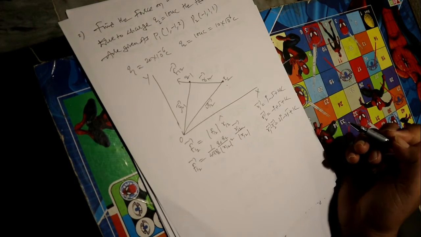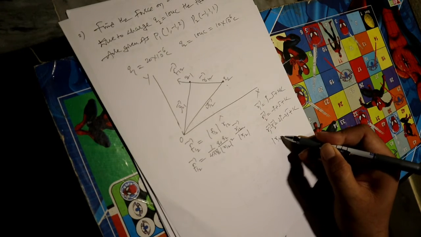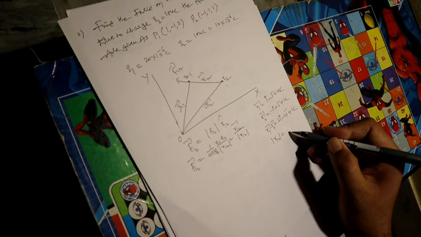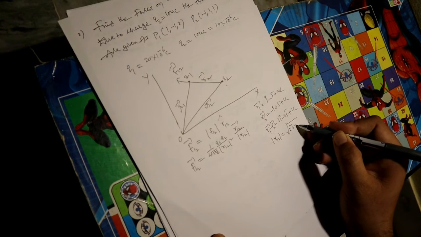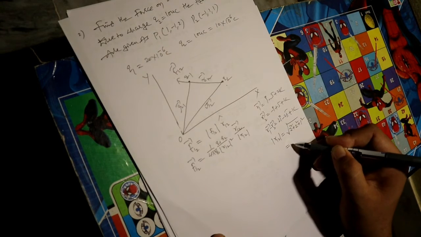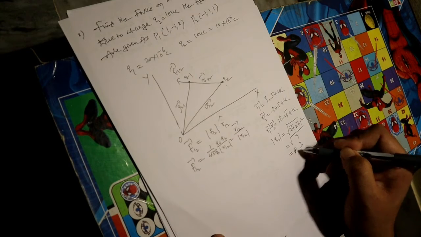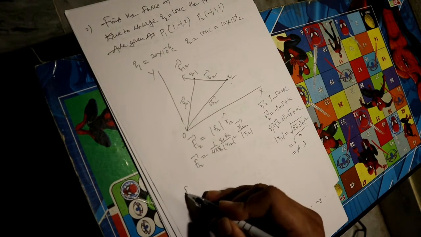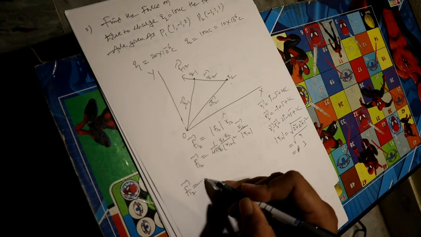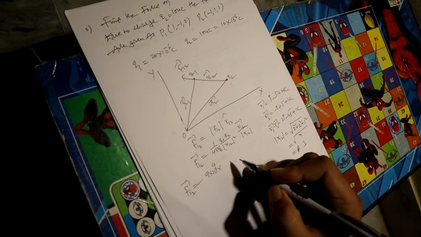And also we want mod R12, which we write as the square root of 2 square plus 2 square plus 1 square. That is equal to root 9, that is equal to 3. So here F12 bar is equal to, what is the value of 1 by 4 pi epsilon naught? 9 into 10 to the power of 9.